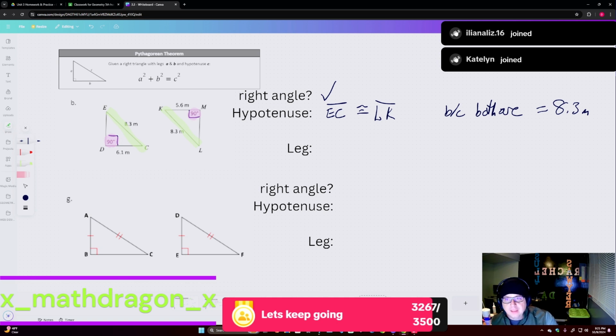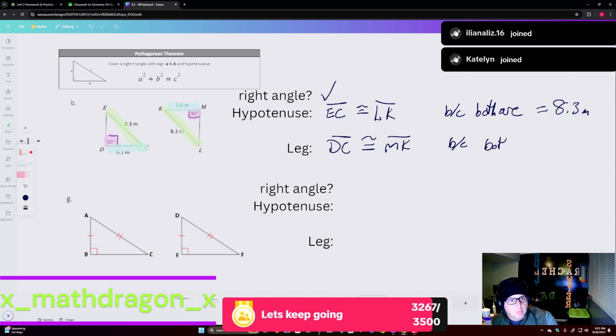All right, then the leg is going to go, not 90, so we'll say D to C. So D to C is going to be congruent to M to K. And why is that?